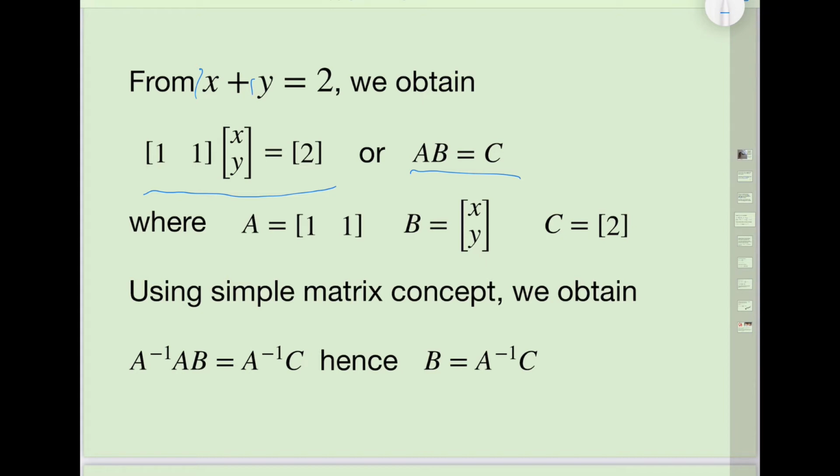Using a simple matrix concept, we multiply A inverse on both sides of the equation, because A inverse times A is equal to the identity. So this is what we have as a general answer. To get B, which is x and y, you need A inverse multiplied by C.